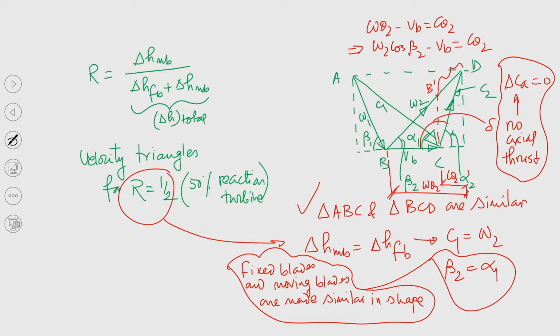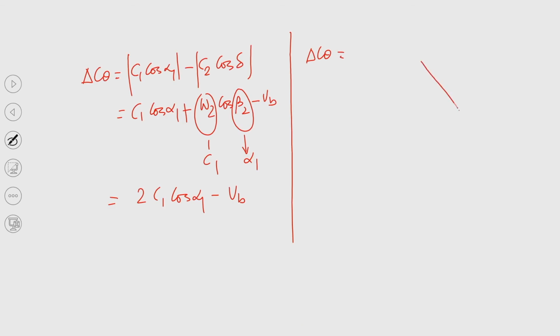So, try to understand, let me draw the velocity triangles again. Very quickly, I have to complete it now. Okay. So, this is W 2, this is C 2, this is C 1, this is W 1.